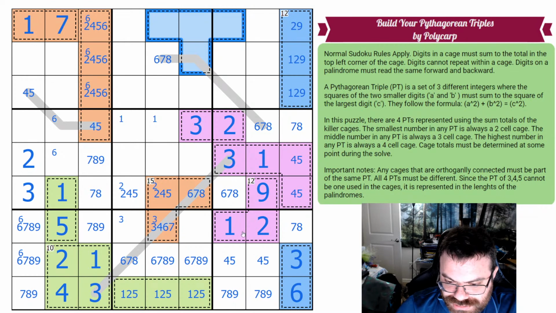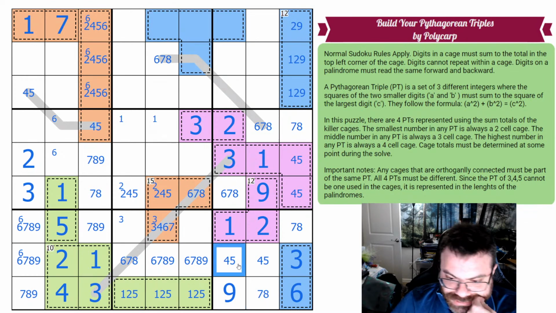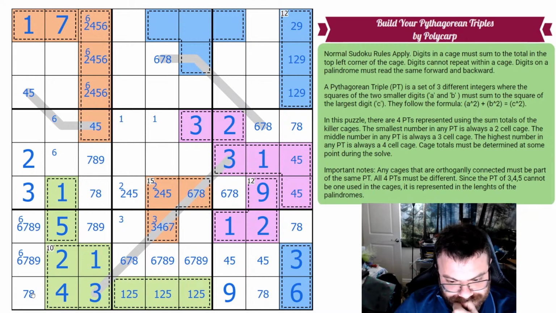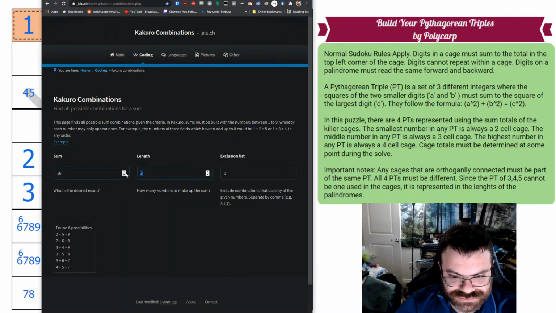Nine in box 9. Aha. So this is not 9. 15 and 4. There's a lot of options.